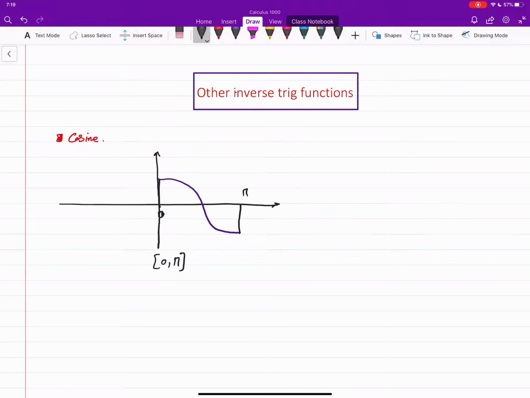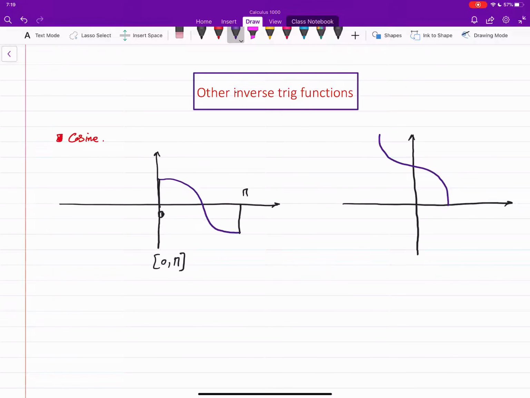And the graph of the inverse function is going to be something like this. It will start from here, go there, and then come out like that.